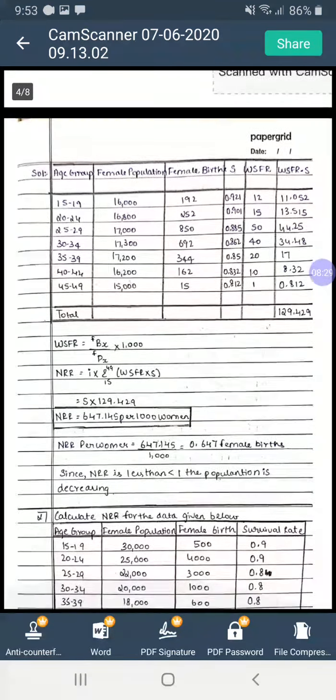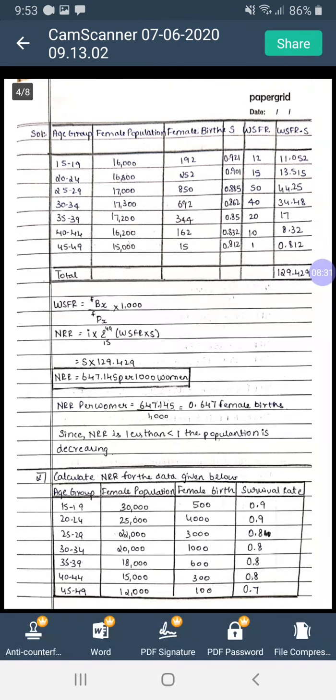Now moving on to the question. First one: calculate NRR for the following data given below. The age groups are 15 to 19, 20 to 24, 25 to 29, 30 to 34, 35 to 39, 40 to 44, 45 to 49. Female population: 16,000, 16,800, 17,000, 17,300, 17,200, 16,200, 15,000.